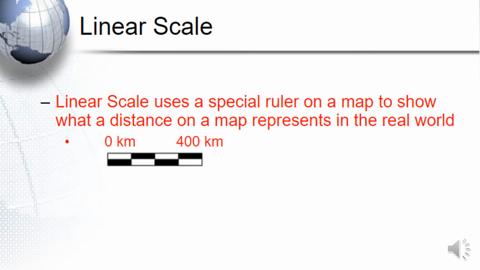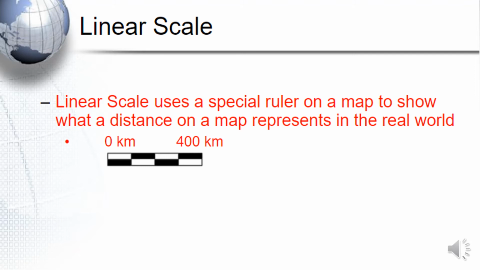The first one is a linear scale. Now what is a linear scale, students? A linear scale uses a special ruler on a map to show what a distance on a map represents in the real world. So this comes in ratio. A scale is the ratio of the distance as we have studied.